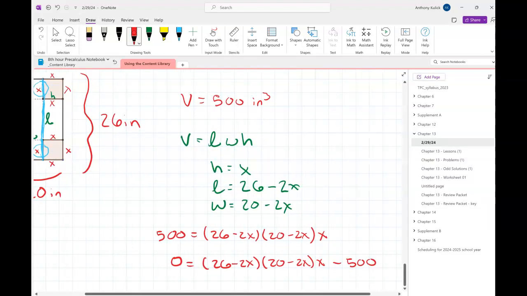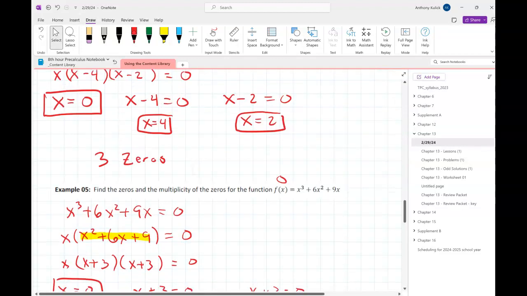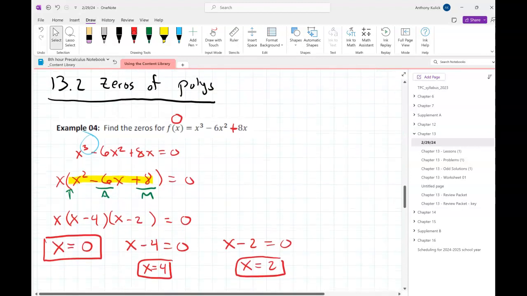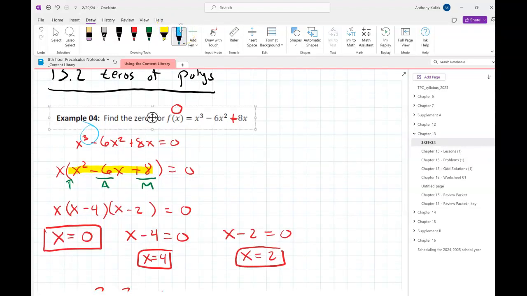Now, one way we could go about doing this is we could try foiling that all out, combining like terms, and trying to solve this by factoring, right? I'm not a fan of that, looking at what I have here. But what could I do instead? Well, let's think back for a moment and look at this example here. What was I asked to do here?